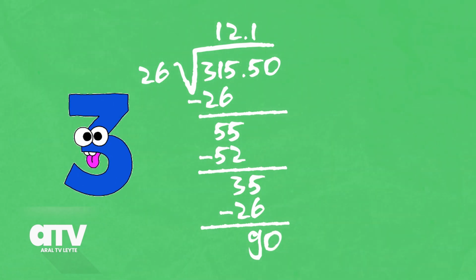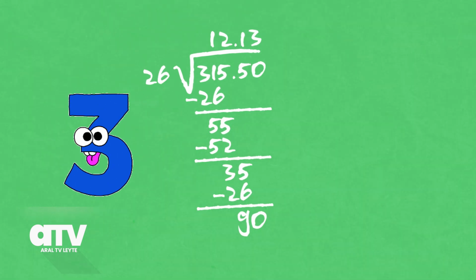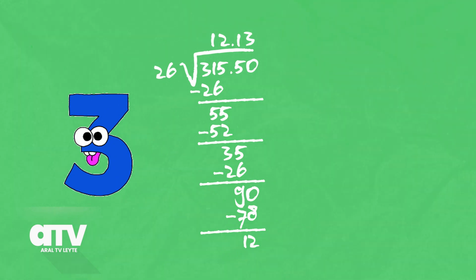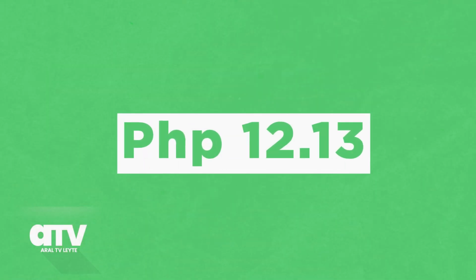We have 90. 90 divided by 26 is equal to 3. 3 times 26 is equal to 78. 90 minus 78 is equal to 12. We have a remainder of 12. Therefore, each learner will contribute 12 pesos and 13 centavos as payment for their weekend computer course.